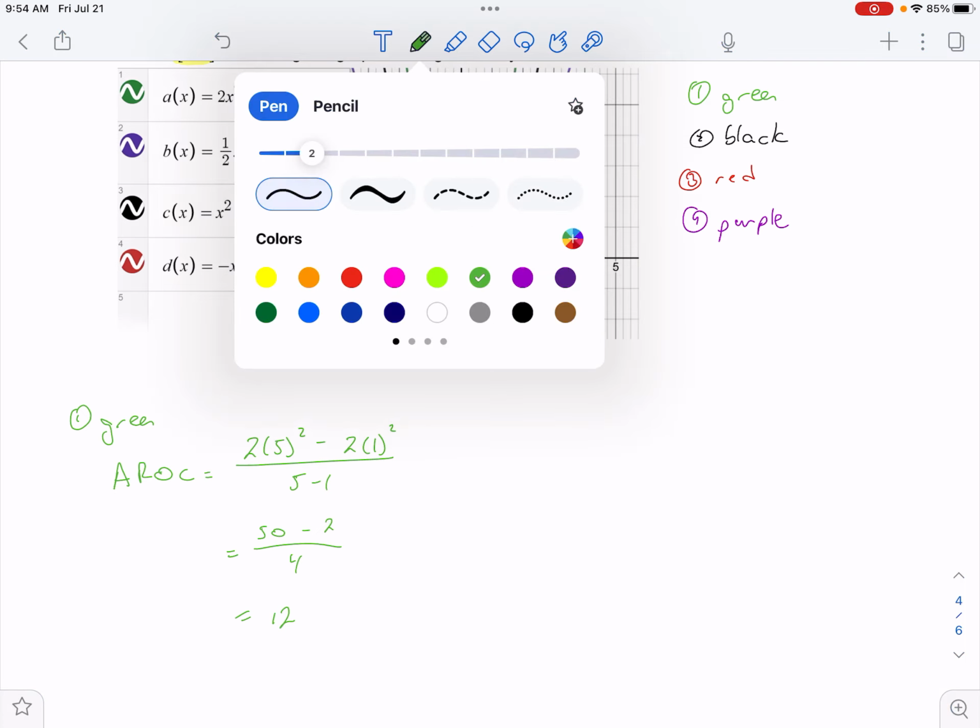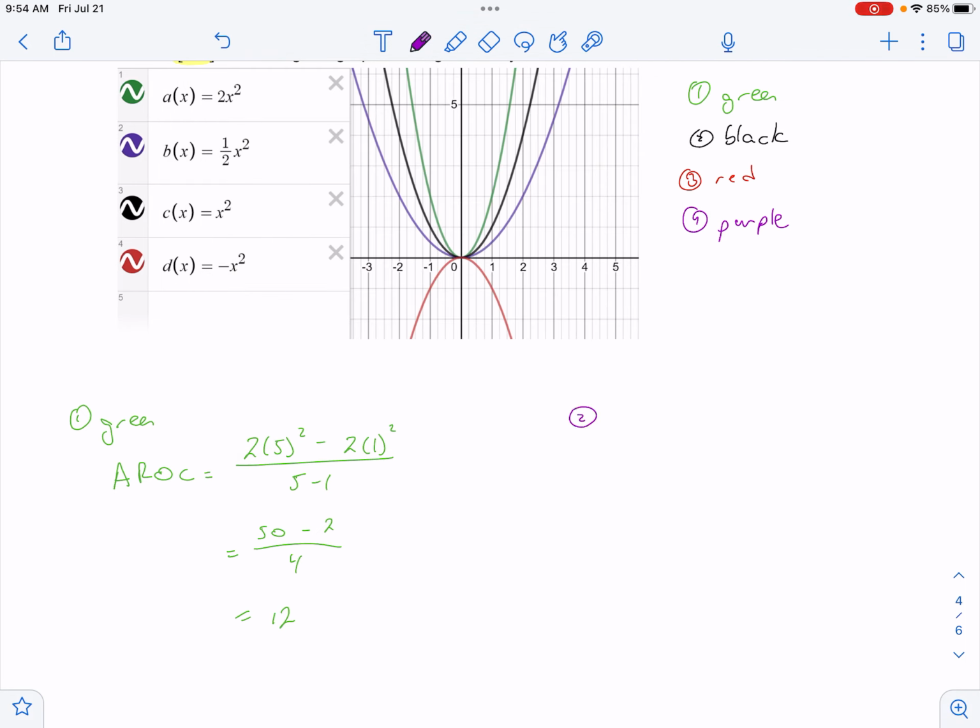Okay, next, let's do the purple graph. Same idea. Average rate of change. We'll use our function. We have 1 over 2 times 5 squared minus 1 over 2 times 1 squared, all divided by 4.